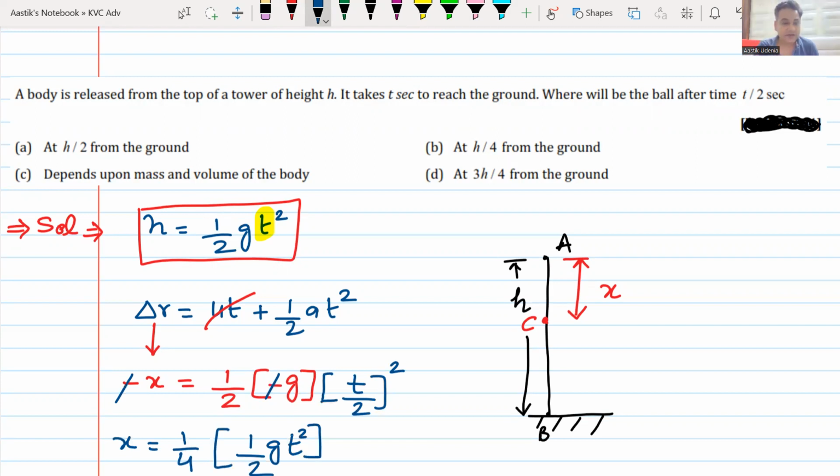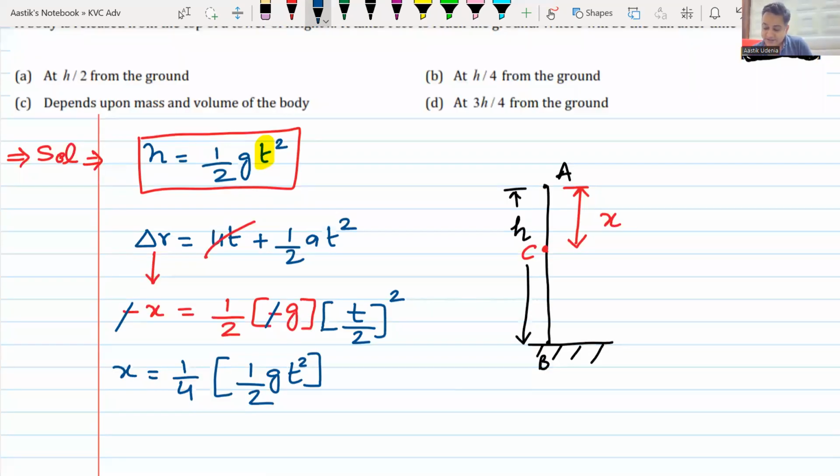Do we understand what I have done here? And you can see that half g t square is my h. So my x becomes h by 4.